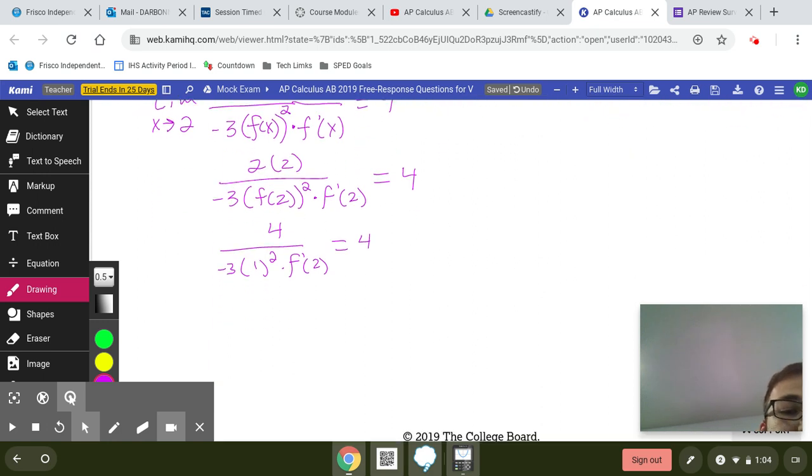So this gives us negative 4 thirds is equal to 4 times f prime of 2. So I'm going to multiply that f prime of 2 over because I want to get it by itself, then divide the 4 back onto the other side, and we get negative 1/3 is equal to f prime of 2.